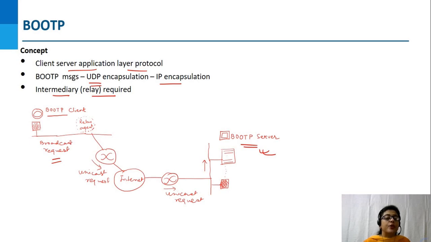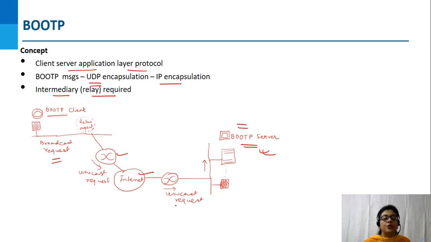This broadcast request message is captured by the relay agent, and this relay agent then transfers this unicast request to the router, and from the router it goes to the internet. From the internet it goes to another router of the other network where we have the BootP server.